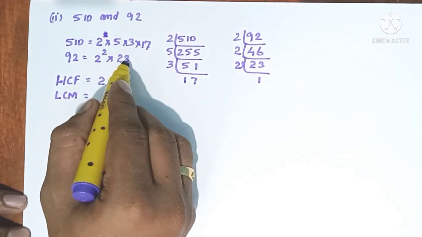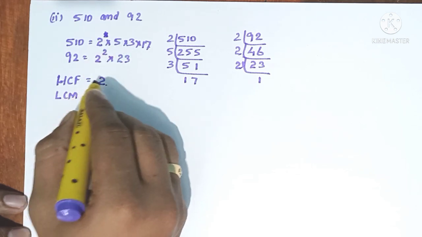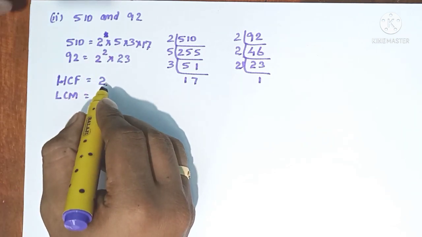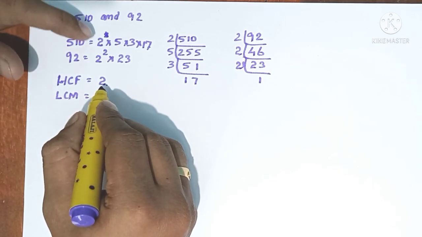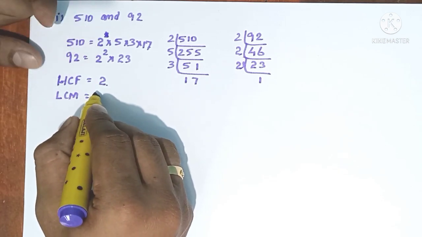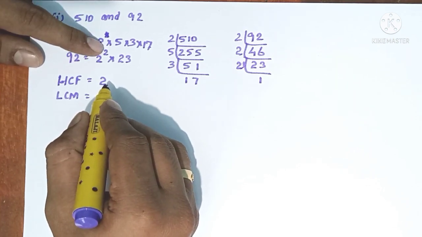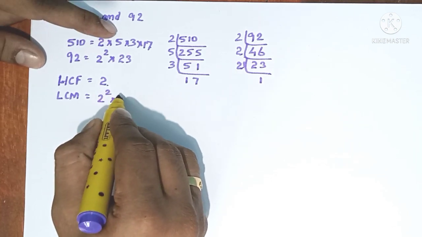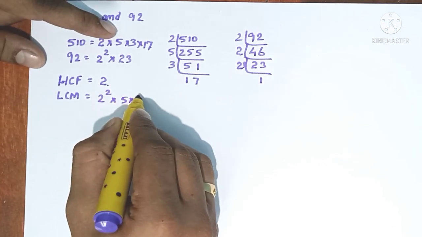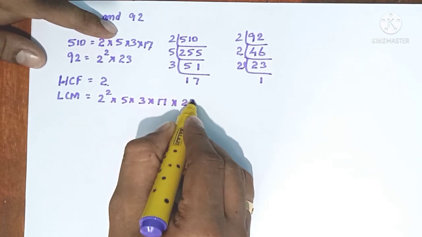You have to take all the numbers with the highest power. Okay. So first is 2 square. We have to take the highest power values of each. So to have 2 to the power 2. Okay. 2 square into 5 into 3 into 17 into 23.